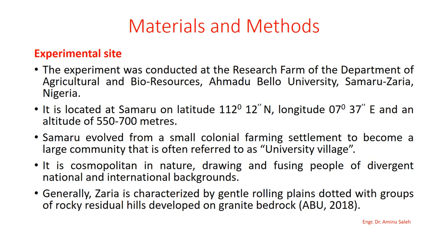It is comprehensive in nature with diverse national backgrounds, and being on the outskirts of Zaria, it has characteristics of Zaria topography, which is rolling gentle slope, dotted with rocky residuals and other characteristics.